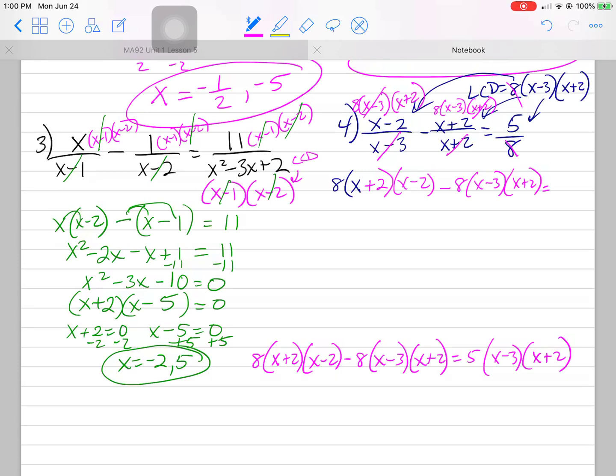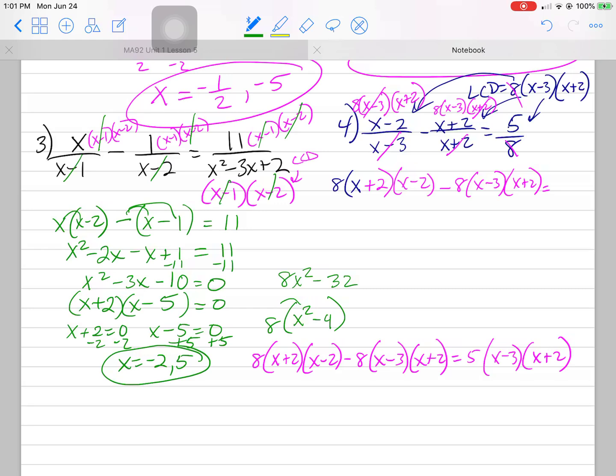Okay. All right, this one, did you notice this one was a perfect square? Let me do this in another color here. You notice this is x squared minus 4 when you put that back together. So this is going to be 8x squared minus 32 when you distribute that.